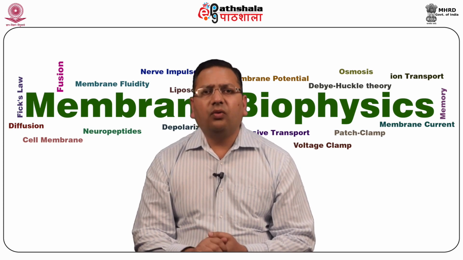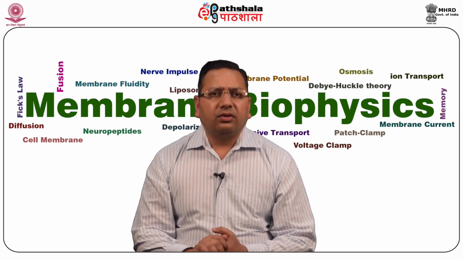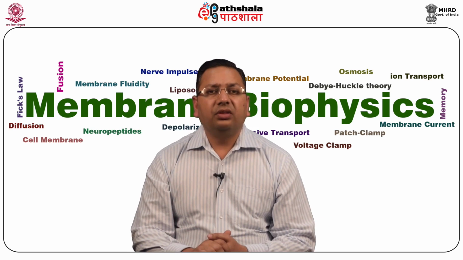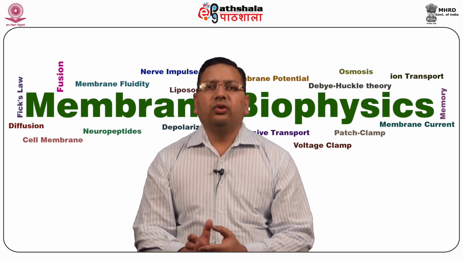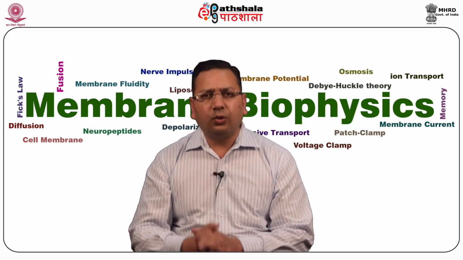The movement of hydrophilic molecules is done by transport proteins, which are generally embedded in the membrane. These transport proteins show specificity for selection of the molecule to be transported.